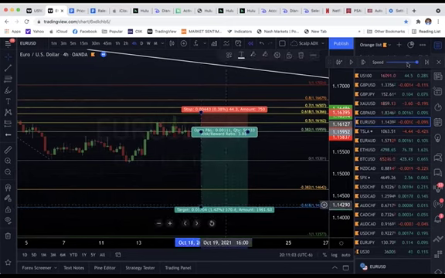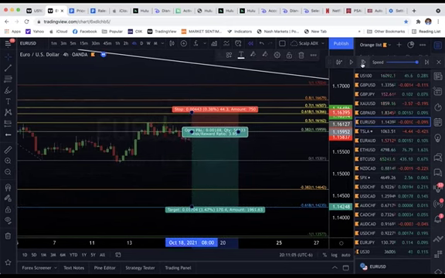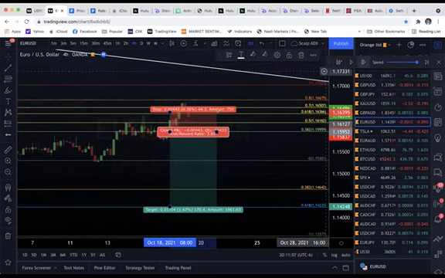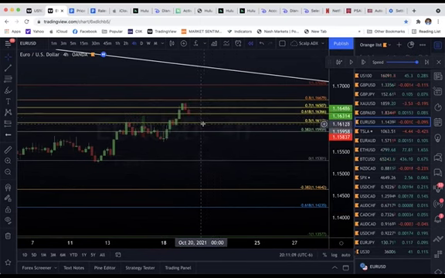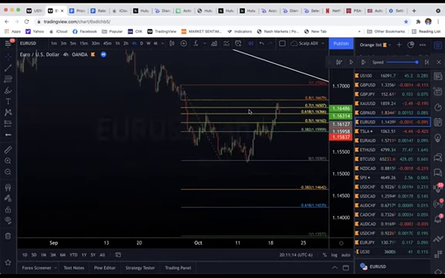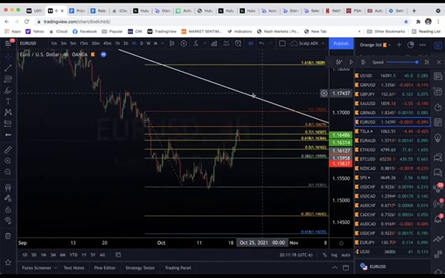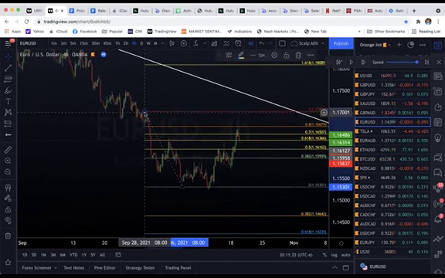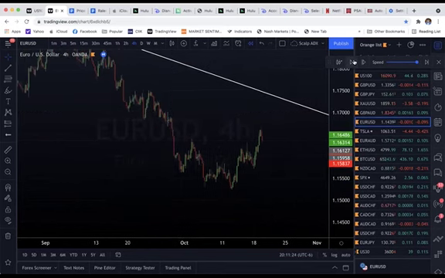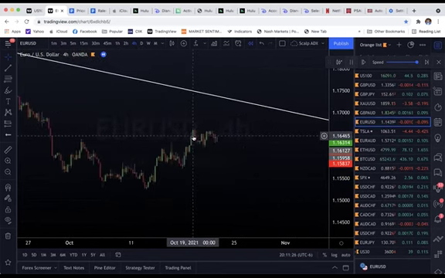Let's see what it does. I don't know. Yeah. It's in consolidation, guys. So it's not going to give you anything solid. But that's the reason we do things in conjunction with these trend lines, because it's probably going to be respecting that. So let me fast forward to see what it does.